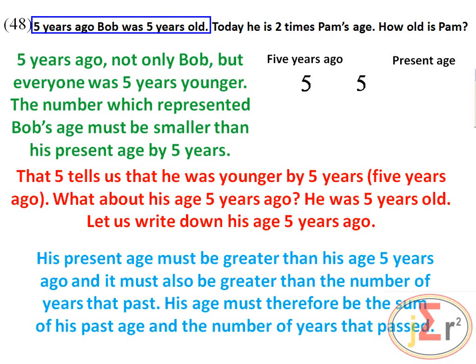His age must therefore be the sum of his past age and the number of years that passed. So we have the age 5 years ago, and the number of years is 5. So 5 years ago he was 5 years old. So we need to add those two 5s.